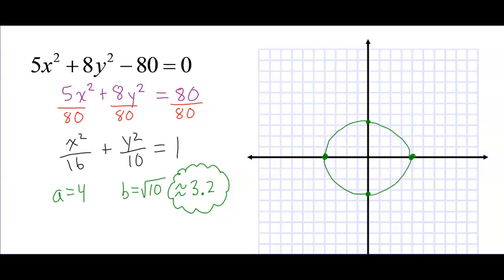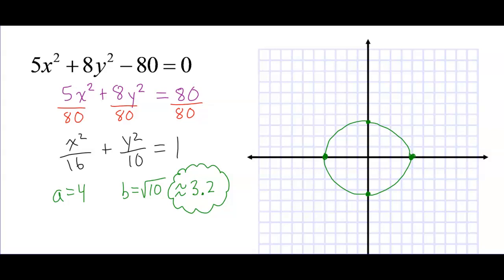And as you can see in this case, this one is almost a circle. Square root of 10 and 4, they're a little bit different, but if you just took a quick glance at that picture, you might not even notice the difference. Some ellipses are really close to being circles. Next, figure out where the focus points are.